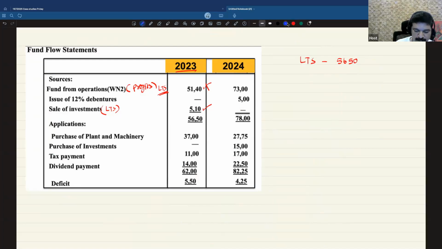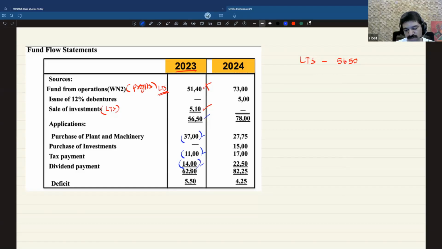Now, what they did, they have used this money for three different purposes: purchasing plant and machinery, paying taxes, and paying dividend. So position yourself as the finance manager or the business owner.